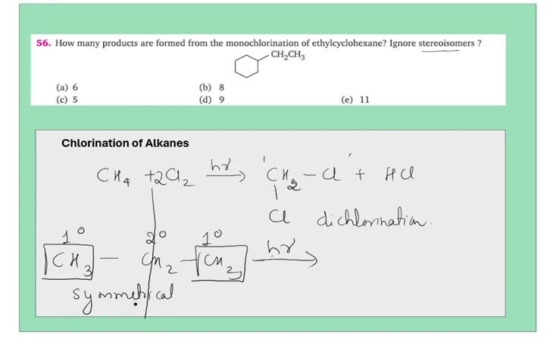Or in simple words, when you remove hydrogen from either here or here, you are going to get the same product, that is 1-chloropropane. We can even remove from secondary carbon, so you are going to get 2-chloropropane. And these two are isomers.